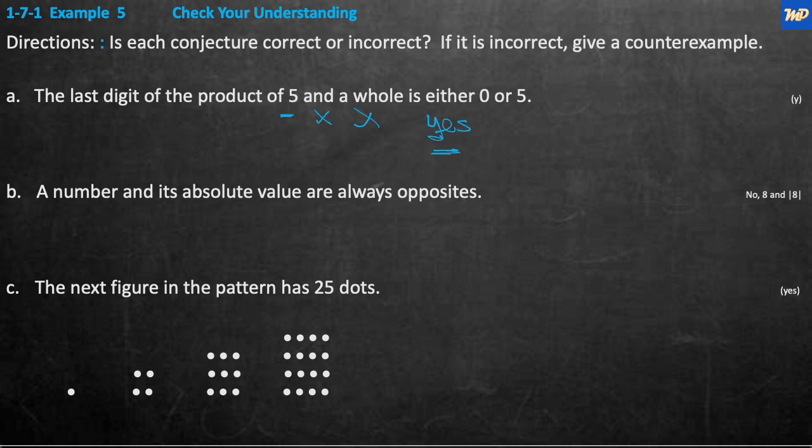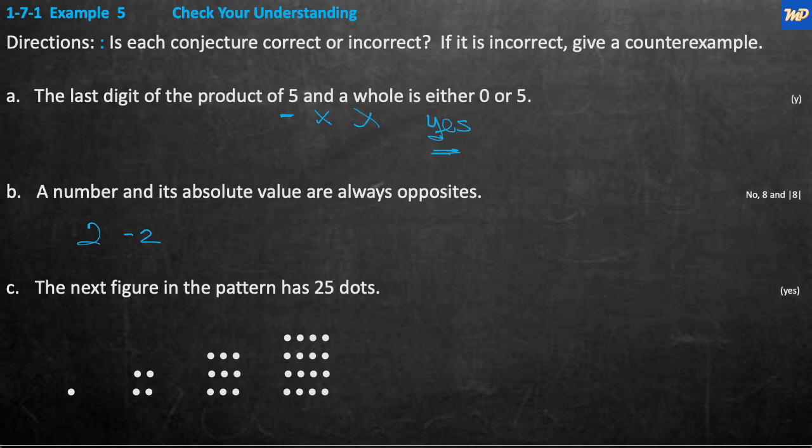A number and its absolute value are always opposites. Well, if you think about a number, say 2, its opposite is -2, and the absolute value of -2 is 2, the same number.